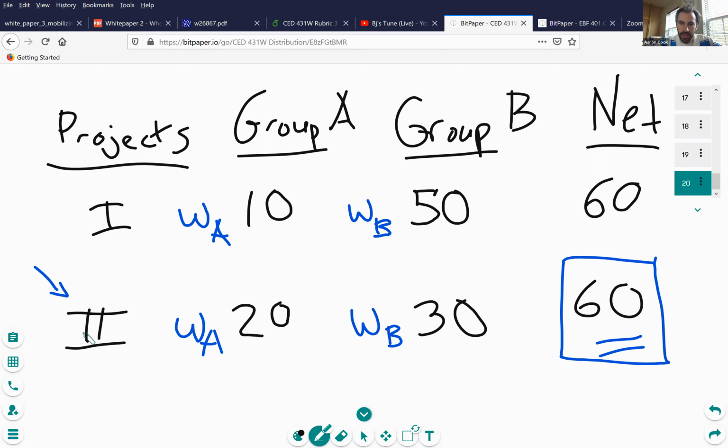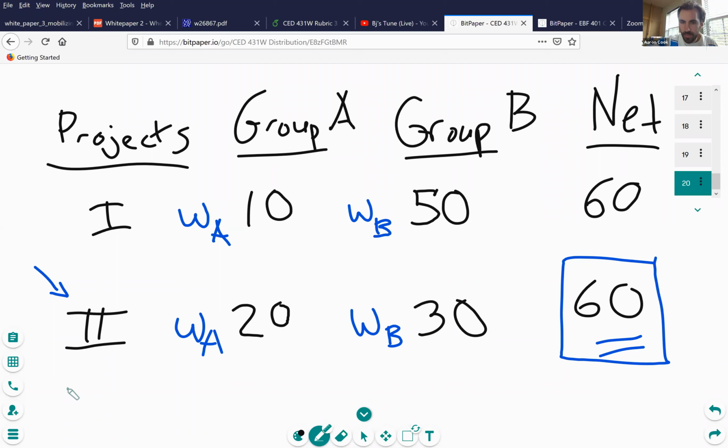We know that project 2, under this implied weighting scheme, must have had at least net benefits of 60, under whatever criteria they're using to weight these different groups. So we're adjusting that to 60. It could be more than 60, but we know that it's at least 60 because it was chosen over project 1, which it wouldn't have been if you were strictly just going by the net benefits. Okay.